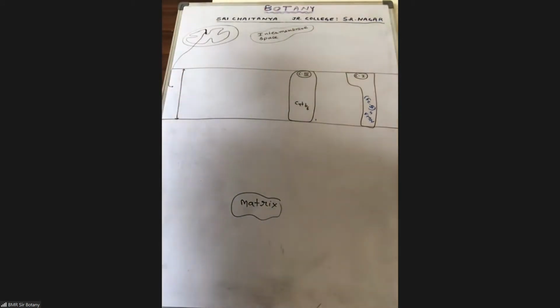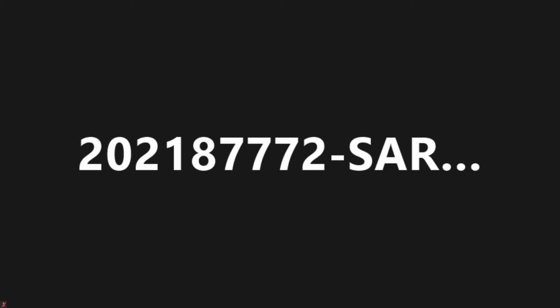It has cytochrome B6, C1, then one iron sulfur center. Okay, Nana?